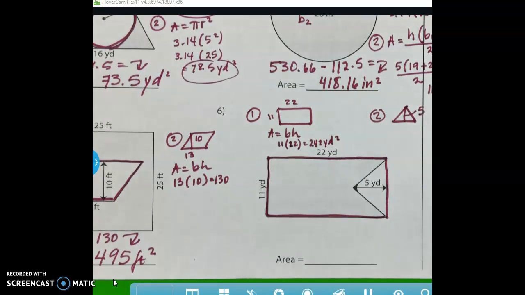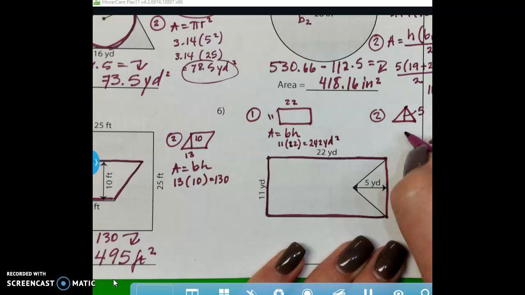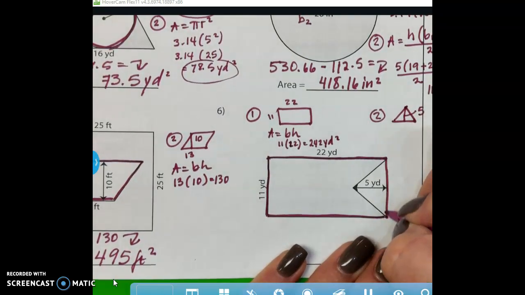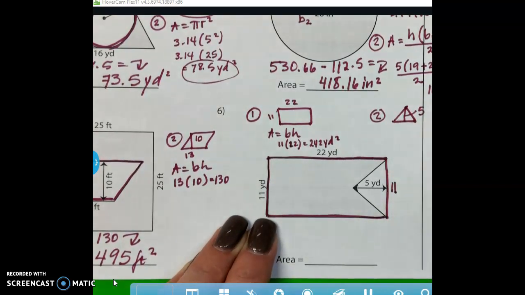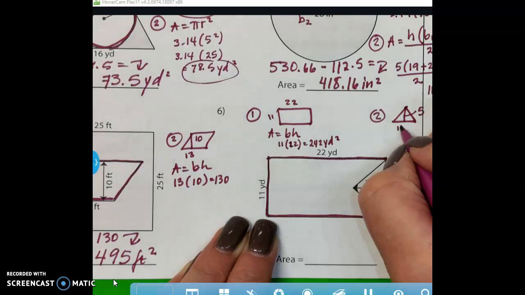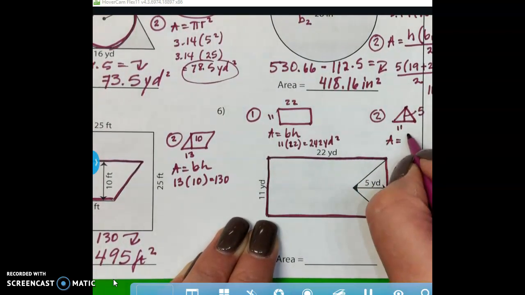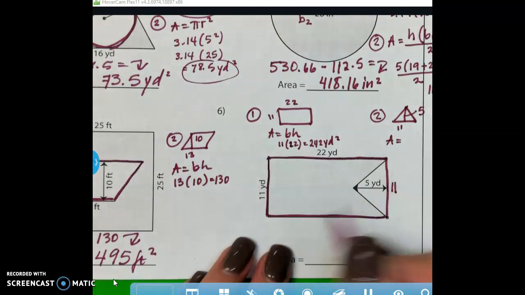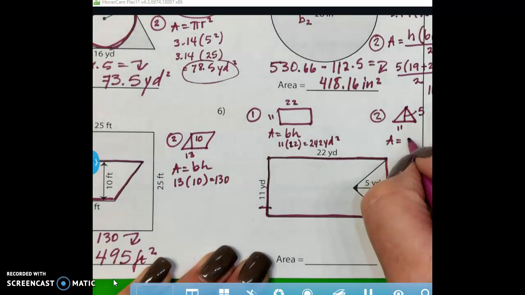And then the triangle has been removed from this rectangular section. So this measure right here, I've labeled my height, but this measure right here, hopefully we are all comfortable with this, is going to be 11. So now when I'm working on my area, I'm not wondering where in the world it's coming from because parallel sides are congruent.